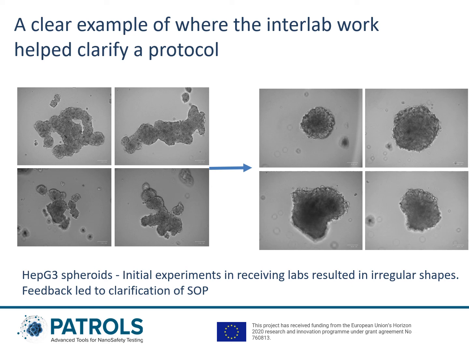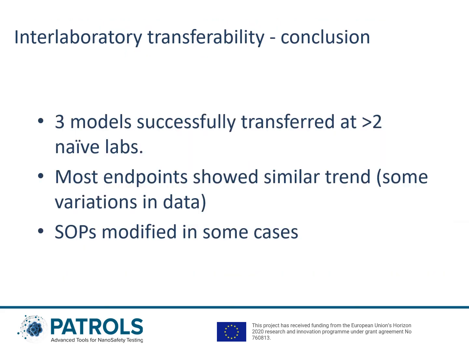But after some discussions with Swansea University, they provided some tips, and the host university or the receiving university was able to improve their protocol so that they could now get quite nice spherical microtissues. And this led to some additional information being added into the SOP in order to provide the clarification for this.